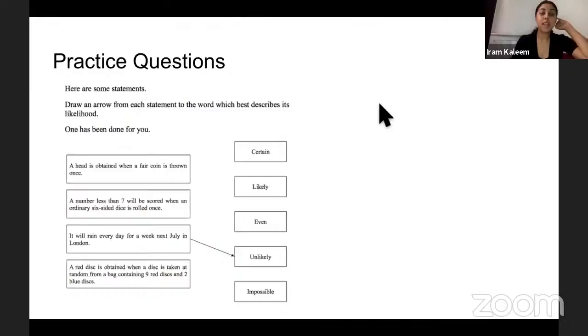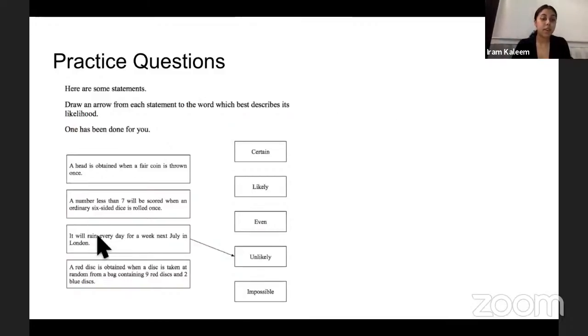Okay, so I've got some statements here, and obviously it says draw an arrow, but all really I'd like you to do is just think about which word is the best for each statement. There's 4 statements here. You just have to think about which word best describes the likelihood of each of these events. One's been done for you.